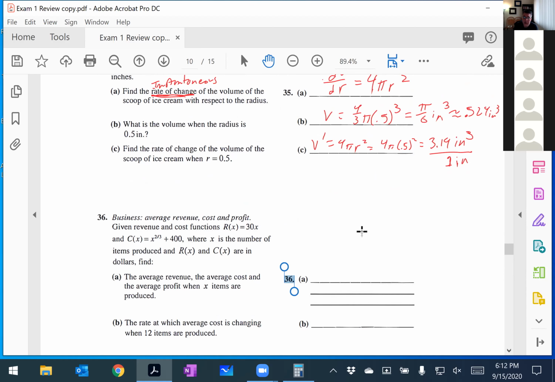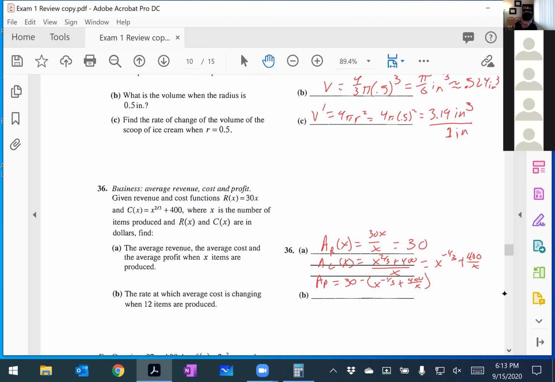Nice. And so what would the average profit function be? Well, the average profit function would just be the average revenue minus the average cost. So this is 30 minus x to the negative 1/3 plus 400 over x.